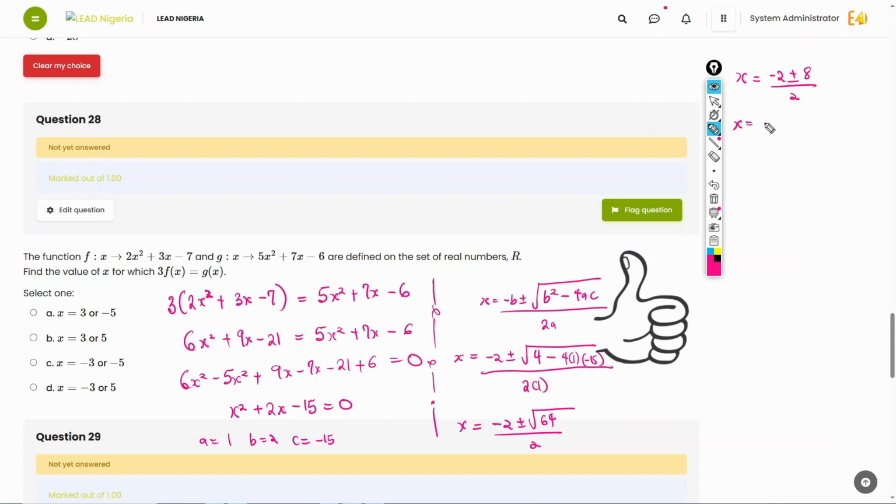So x is minus 2 plus 8 over 2, or x is minus 2 minus 8 over 2. Minus 2 plus 8 is 6, and 6 divided by 2 is 3. So x is 3 or minus 5.